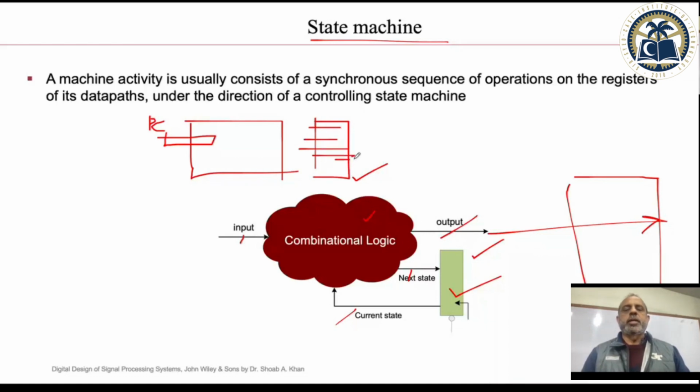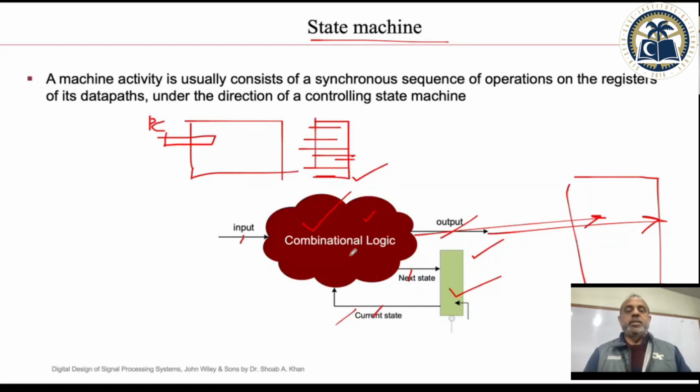So the program is split into executable code instructions to the data path: do this now, now this, now this. This logic would decide, based on the input and the current state, what your data path should do. This combinational logic will decide what it should do next, and next.